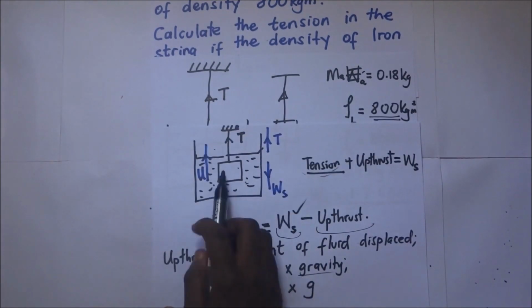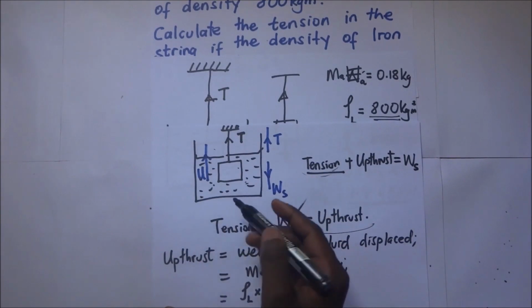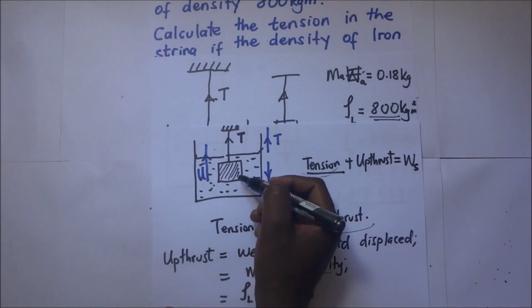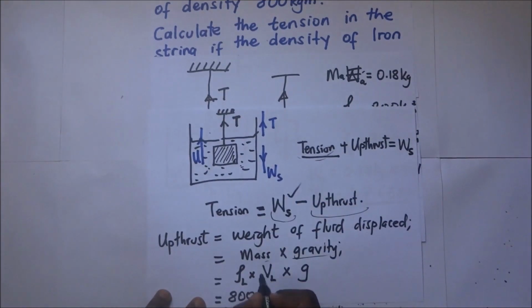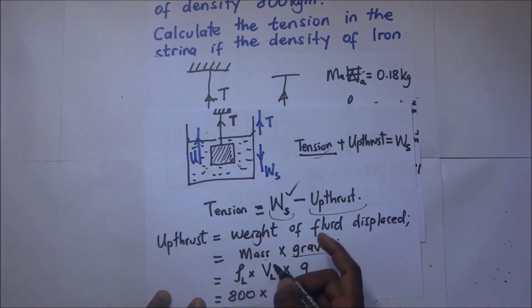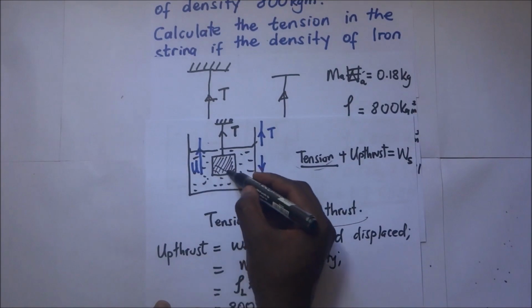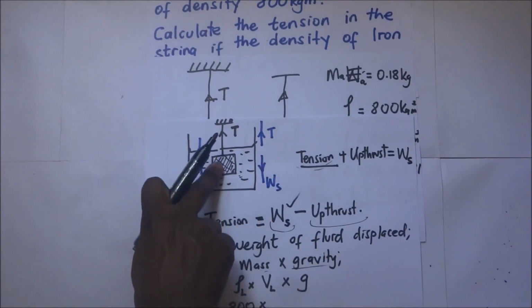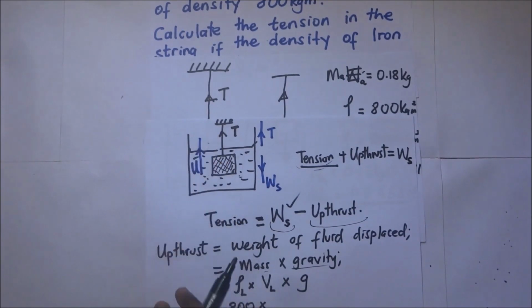If you realize, the volume of the liquid displaced is the same as the volume of the solid that is displacing. So for us to get the volume of the liquid that was displaced, it is as good as getting the volume of that very solid, because this very solid can only displace its own volume of water.